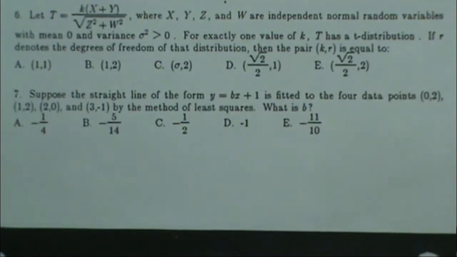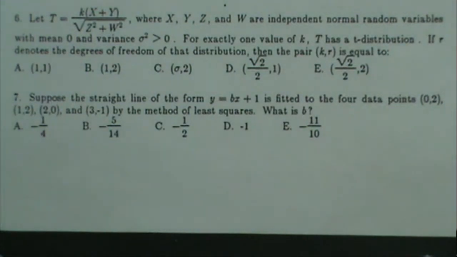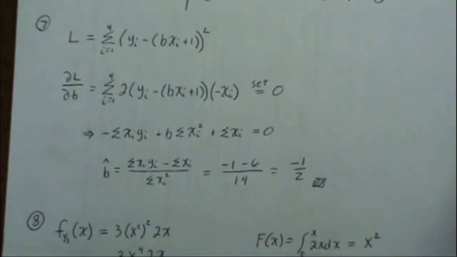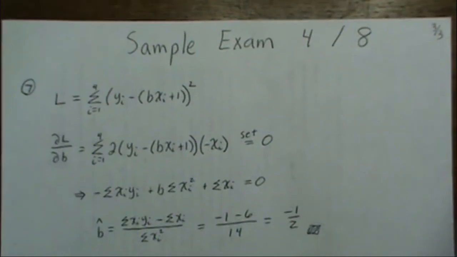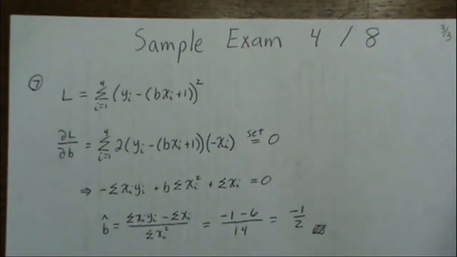Number 7, suppose the straight line of the form y equals bx plus 1 is fitted to 4 data points, (0, 2), (1, 2), (2, 0), (3, negative 1), by the method of least squares. What is b? So in number 7, we want to find a least squares estimate of b.